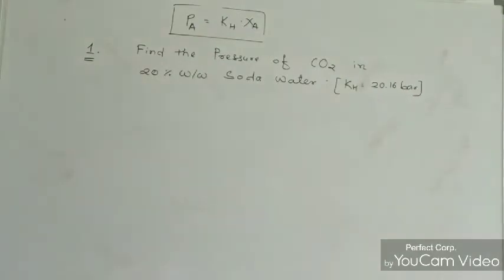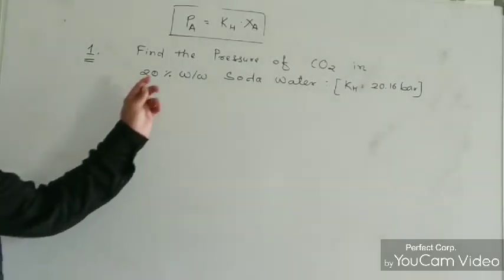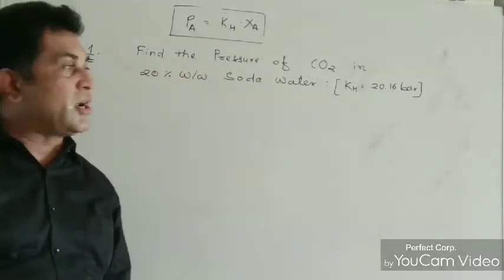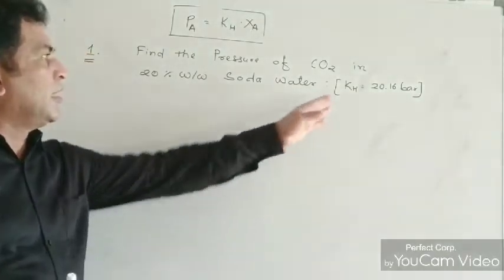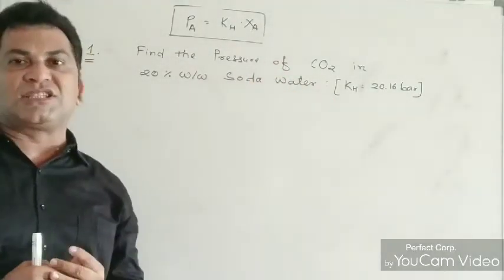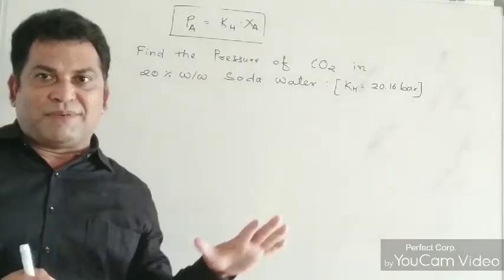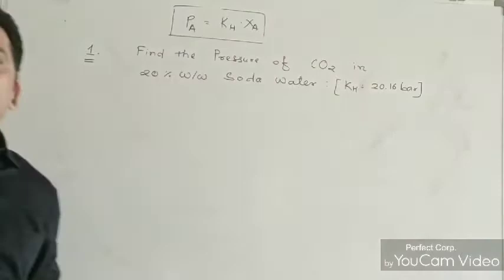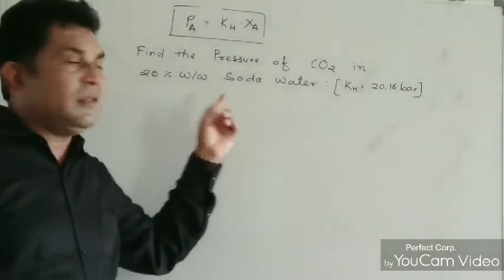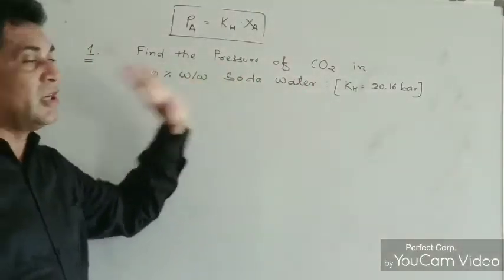So do you understand this question? The question is: find the pressure of carbon dioxide in 20% W/W soda water. KH is equal to 20.16 bar. This much information is given, and using this information you have to find out the pressure.